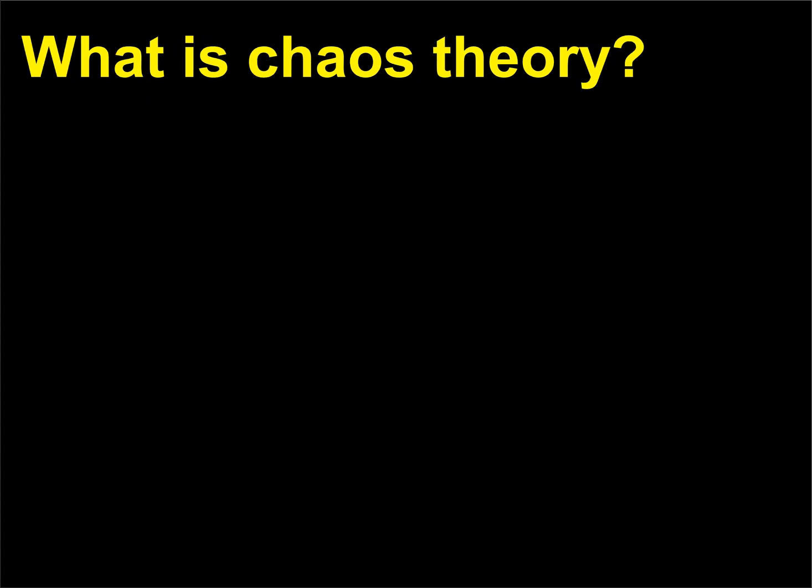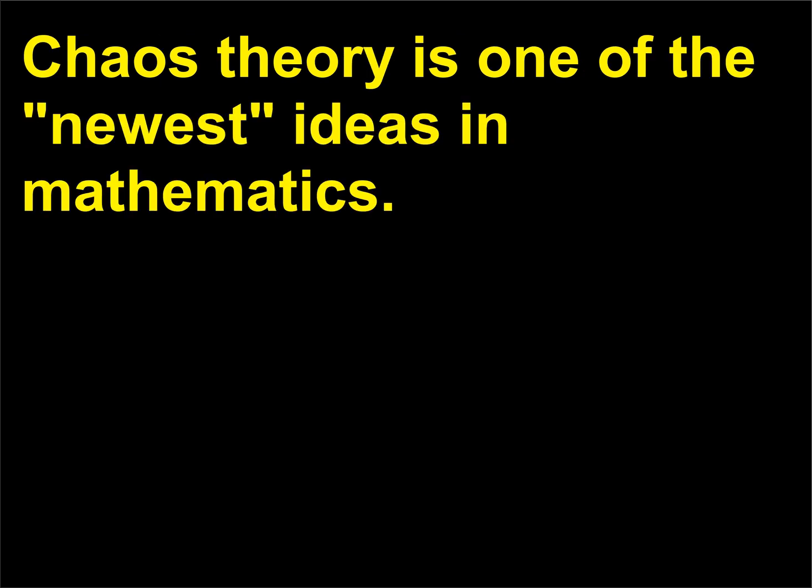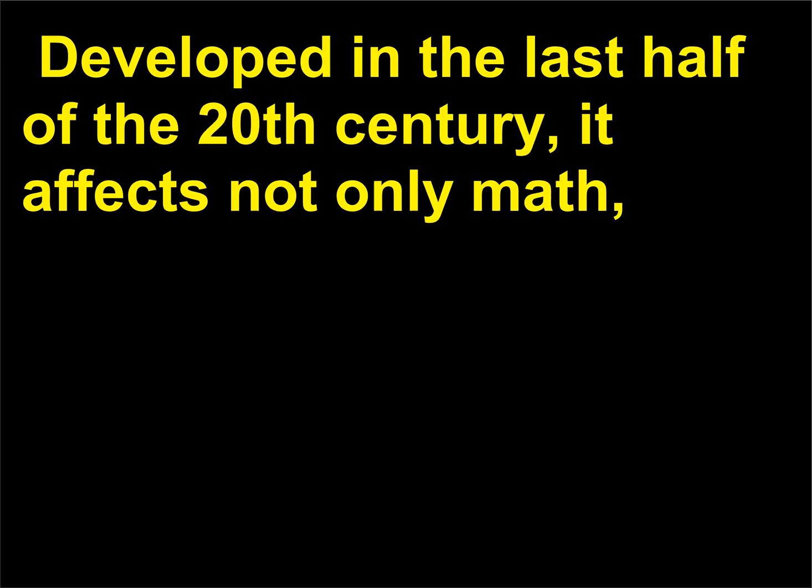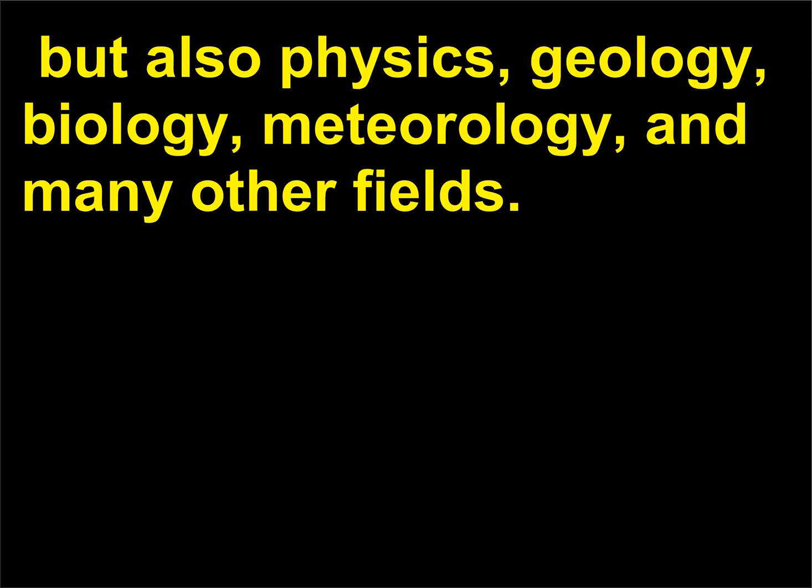What is chaos theory? Chaos theory is one of the newest ideas in mathematics. Developed in the last half of the 20th century, it affects not only math, but also physics, geology, biology, meteorology, and many other fields.